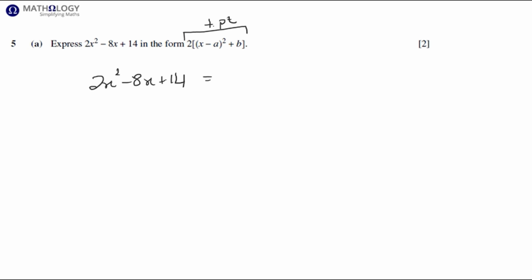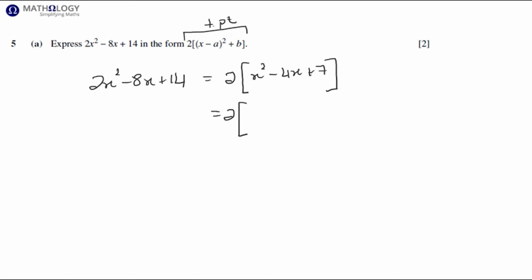So we'll be completing the square. When we complete the square, the first thing we do is ensure that the coefficient of the square term is 1. It's not 1 in this case, the coefficient is 2. So we're going to take 2 out. We're going to divide each term by 2, which leaves us with x squared minus 4x plus 7, with 2 on the outside.